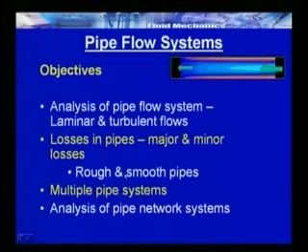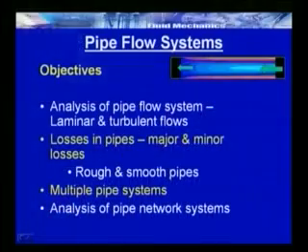So, with this pipe flow system in mind, the main objectives in this chapter are the analysis of pipe flow systems. We will briefly discuss laminar pipe flow and turbulent pipe flow. Earlier we have already seen some aspects of this, but we will discuss more about laminar and turbulent flows in pipe systems, and then the losses in pipes, major and minor losses.